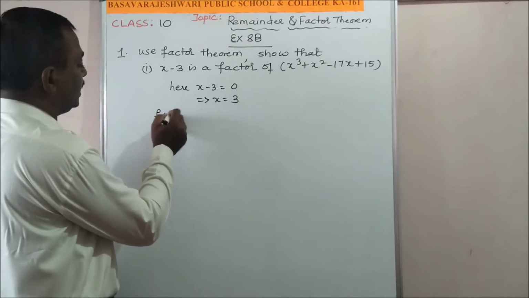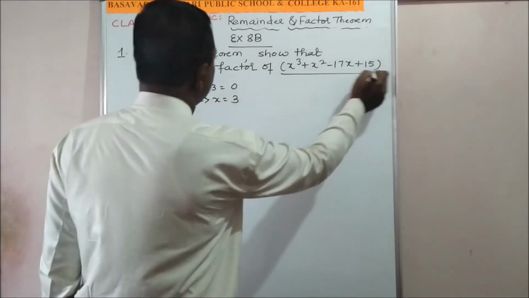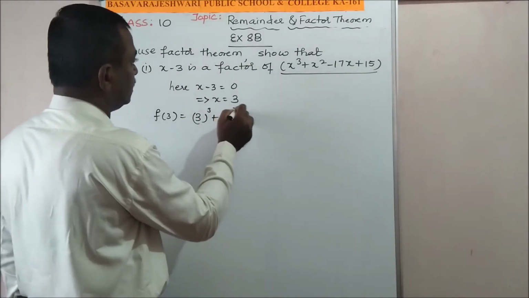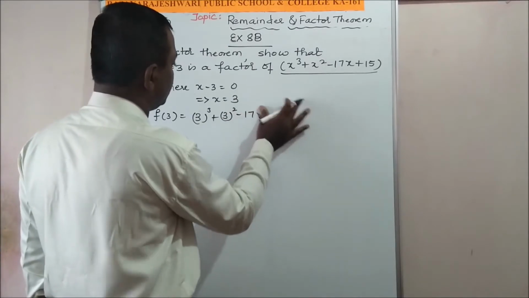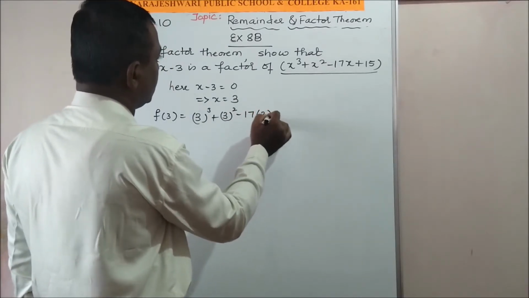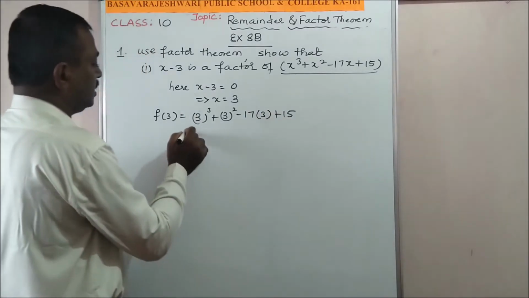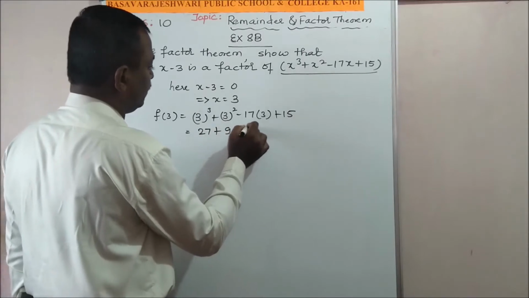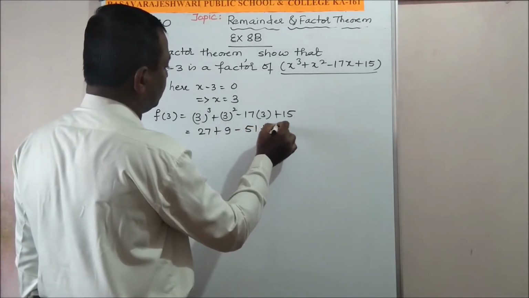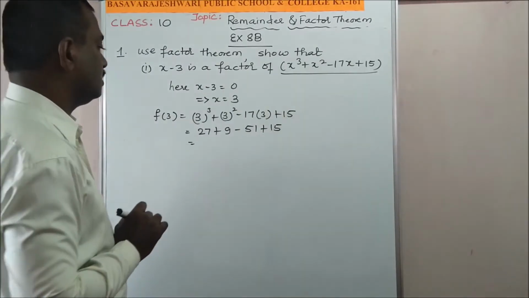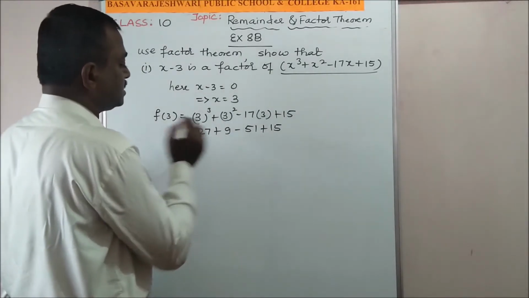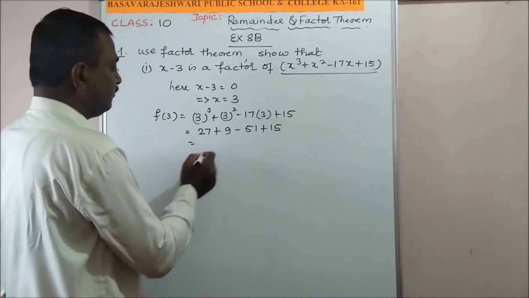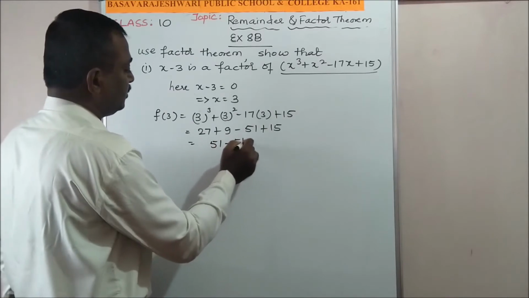So f(3) is equal to, in the given expression, we substitute the value: 3 cubed plus 3 squared minus 17 into 3 plus 15. That is 27 plus 9 minus 51 plus 15. 27 plus 9 is 36, 36 plus 15 is 51, and 51 minus 51 is equal to 0.